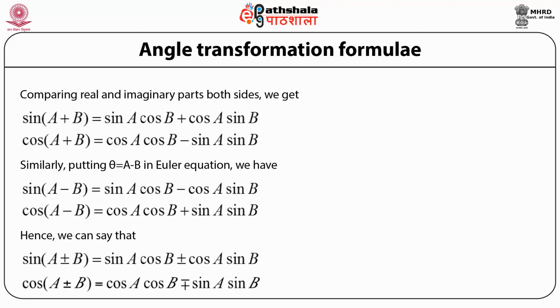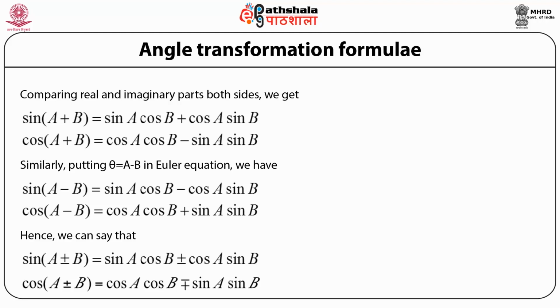So you can quickly remember this. Sine of angles will always give the same sign, right? So A plus B will give the two terms getting added, sin A cos B plus cos A sin B. If it was sine of A minus B, it's going to give sin A cos B minus cos A sin B. And the other thing we have to remember about any sine function is it will always come with a cos function, so the product will have both cos and sine.